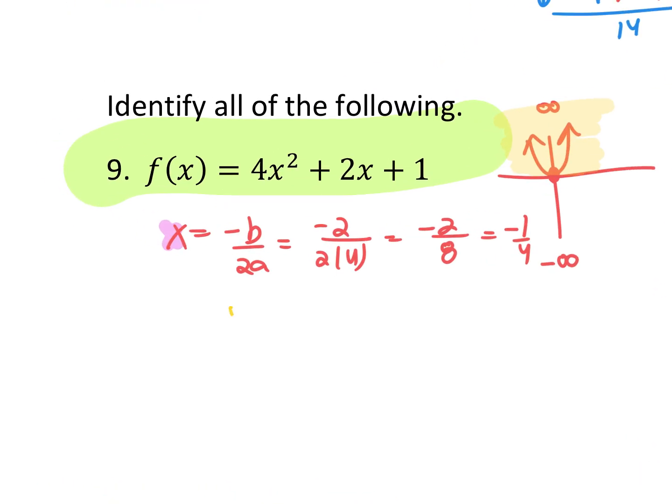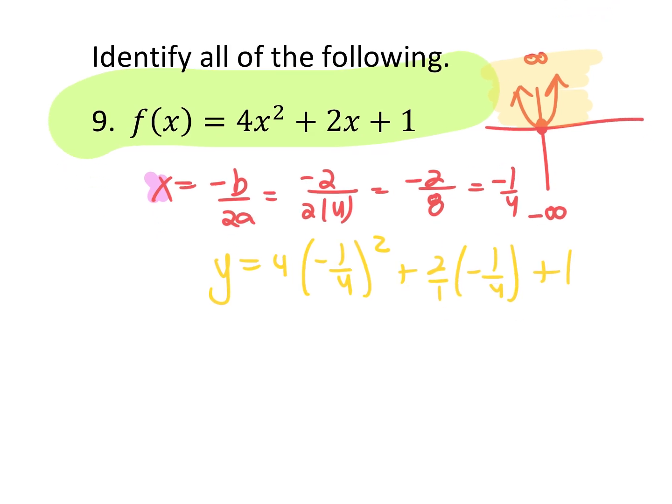Plug it in. So y equals 4 times negative 1/4 squared plus 2 times negative 1/4 plus 1. Okay, take this, go here and here. So you have 4 over 1 times 1 over 16.